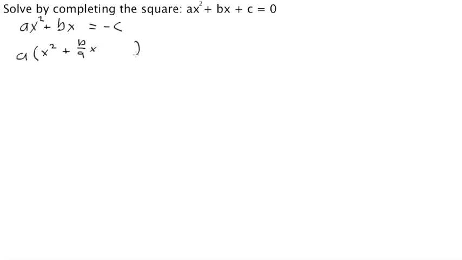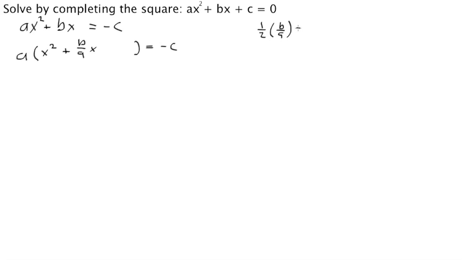I'm going to leave some space here because I know that I'm going to be adding something to complete the square. If you recall what we need to add, it's going to be half of the x term, so half of b over a, squared. So just over here on the side, half of b over a.